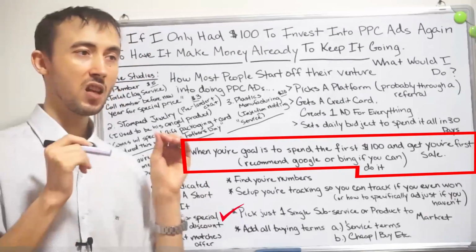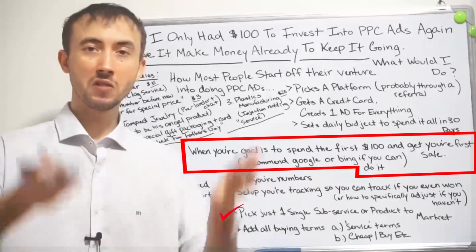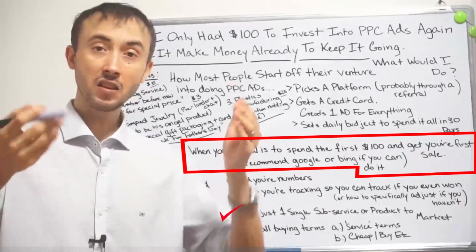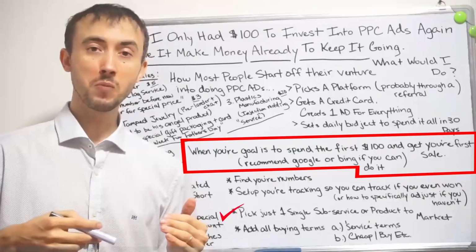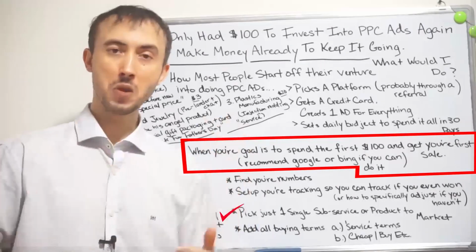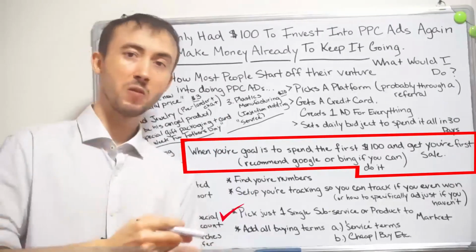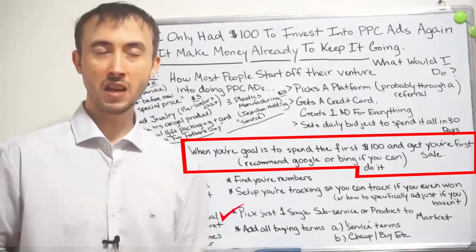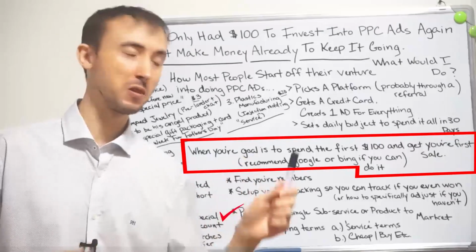That's going to give you a much higher conversion rate, because people who are more specific in what they want convert a lot better, and the cost per click is lower because there's less competition. Mostly people are too lazy to target people looking for a specific paint for a specific application and a specific color, so you take advantage of that, and it gives you such an advantage that you can get a sale in your first $100.